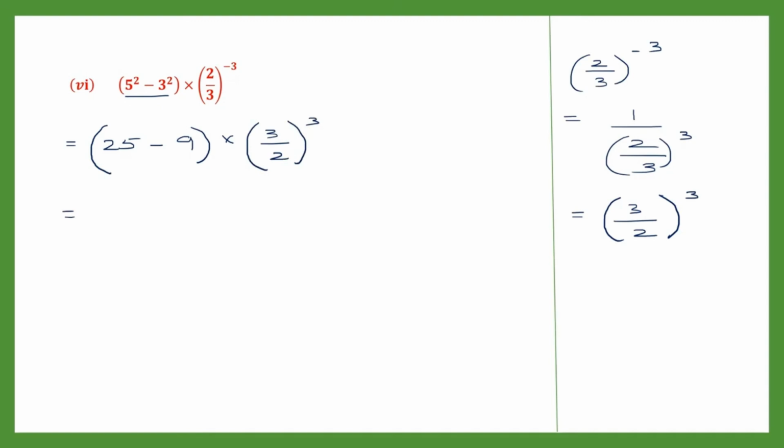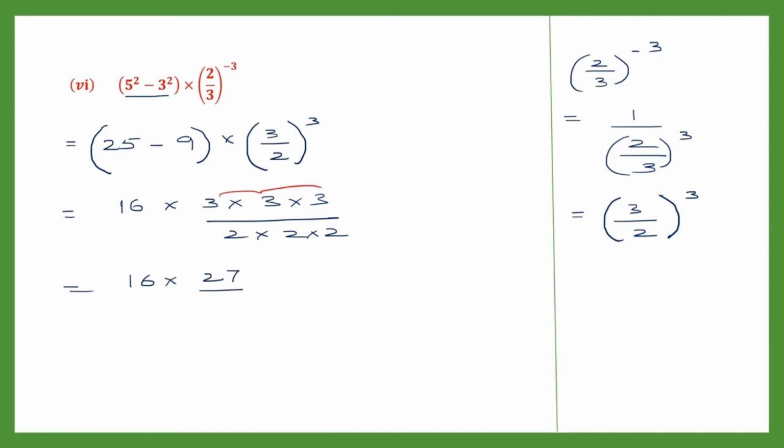So this is 25 minus 9, which is 16 into, now here we have 3 raised to the power of 3, that is 3 into 3 into 3 divided by 2 into 2 into 2. So this will be 16 into 3 threes are 9, 9 threes are 27, so that is 27, and in the denominator we have 2 twos are 4, 4 twos are 8.